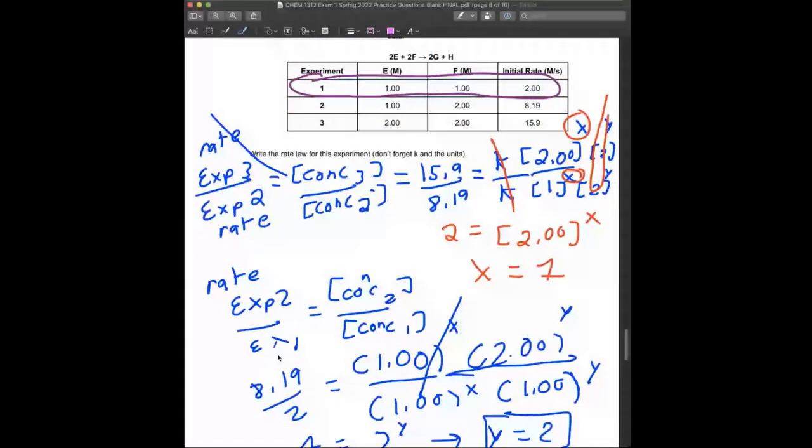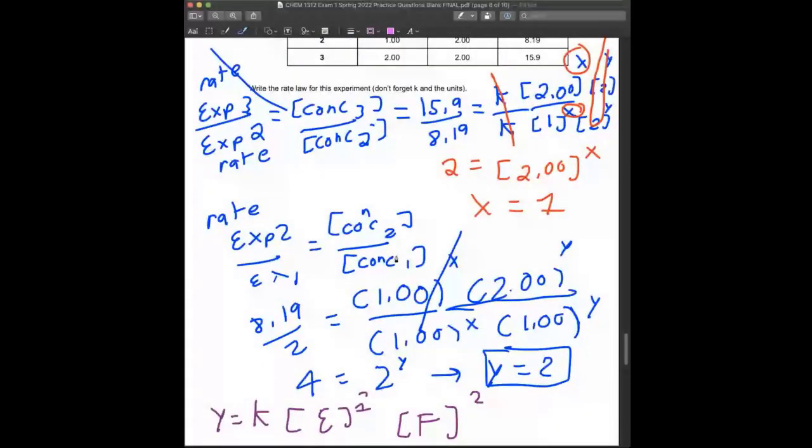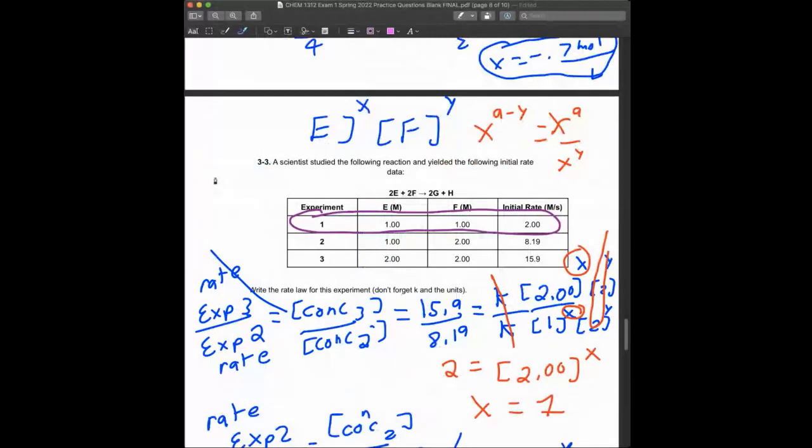Okay, so once you do that, let's go ahead and just write it out here on the top. So we can say that 2 is equal to K times 1 times 1, and then F2. Okay.